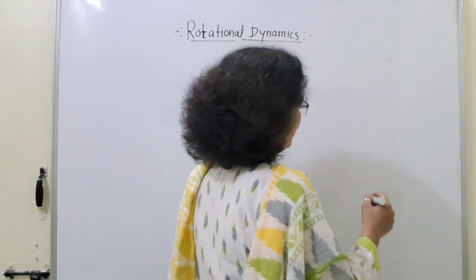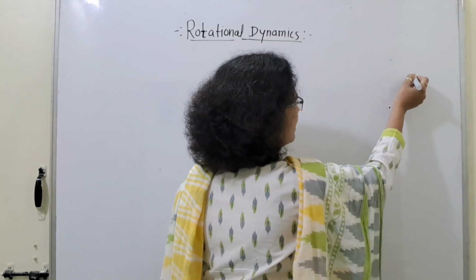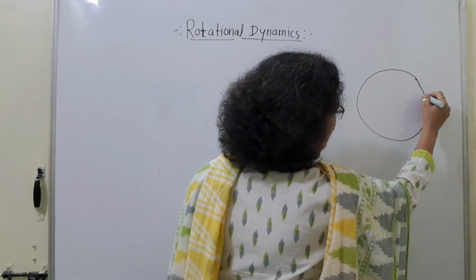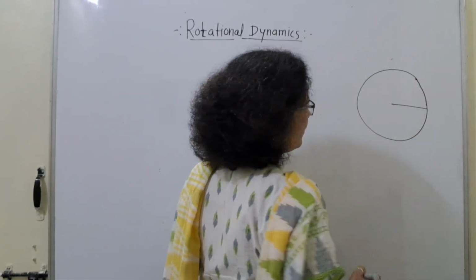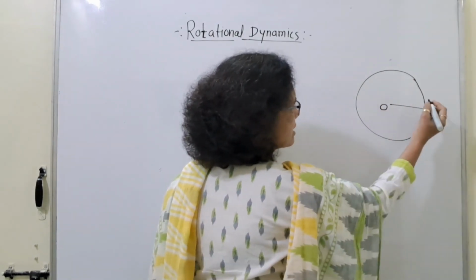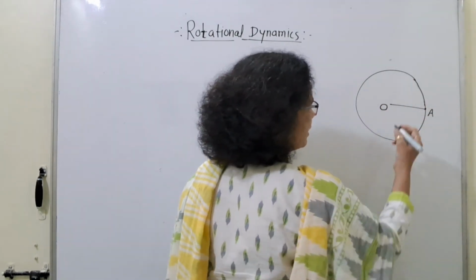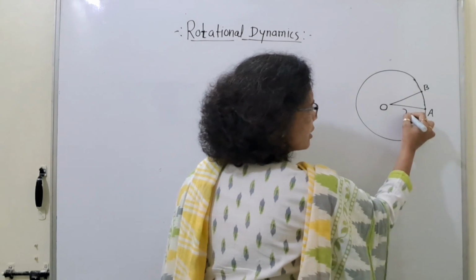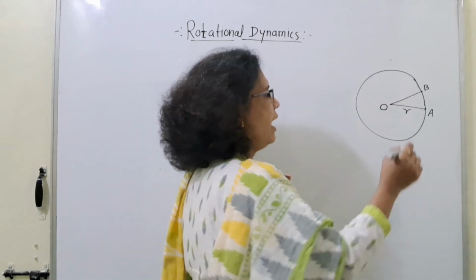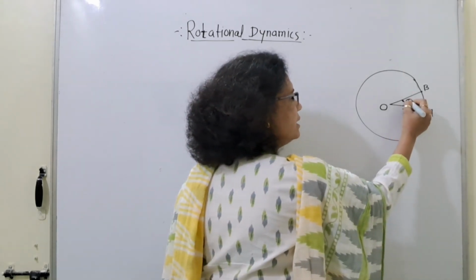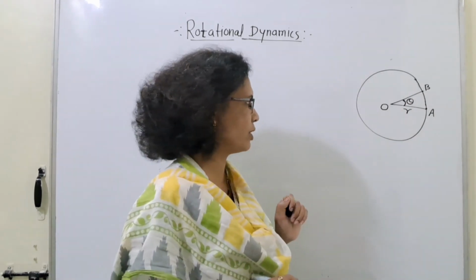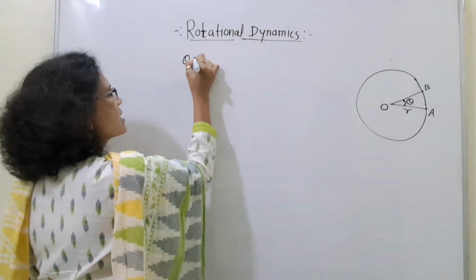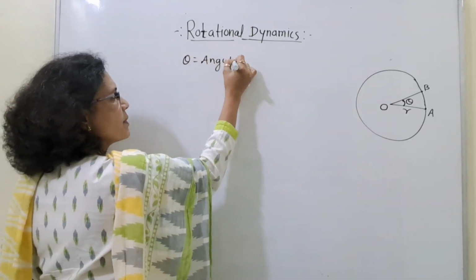Now, if I consider one particle making a circular motion on a circular path having radius r, O is the center, A is the initial position of the particle. If after some time t, it comes to position B, and this particle makes some angle theta at the center of the circular path, then this theta is called the angular displacement.